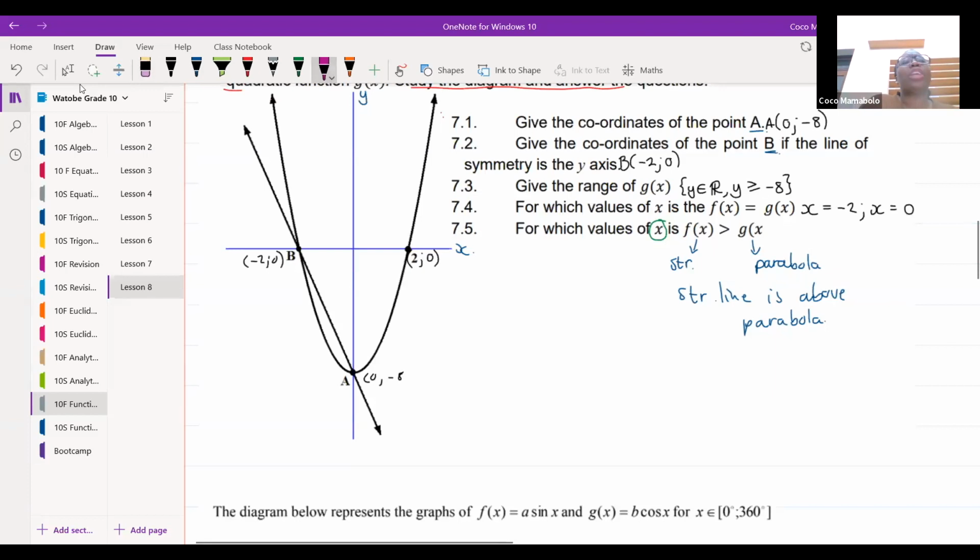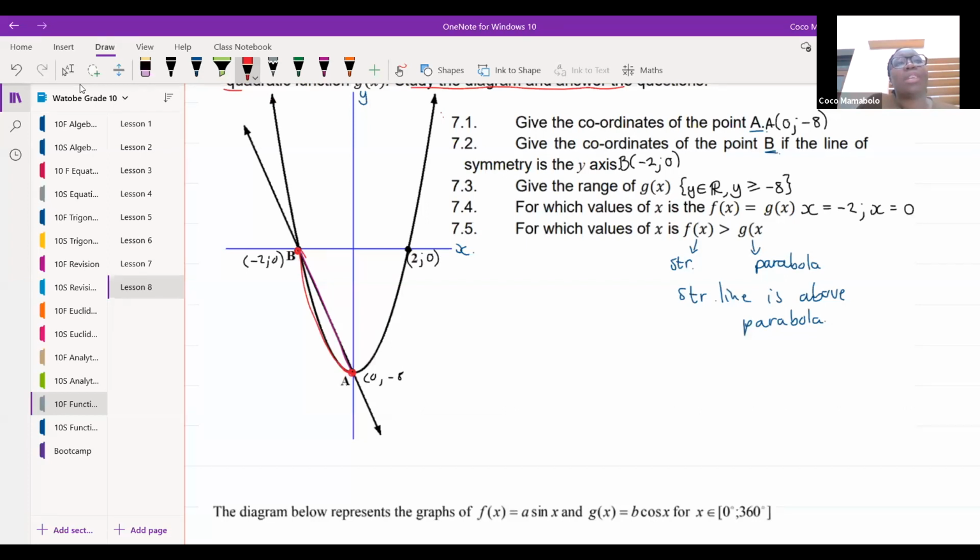Good. Which part is the straight line above the graph? Over here. Do you see how the straight line is above the parabola? Good. But remember, guys, my question is asking for the values of x. So we need to go to the space where my graph is defined, between there and there.